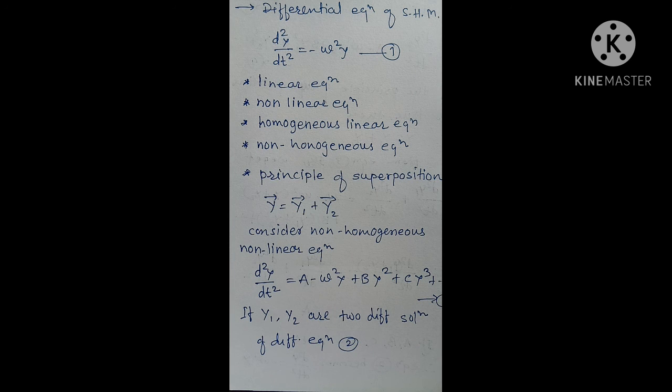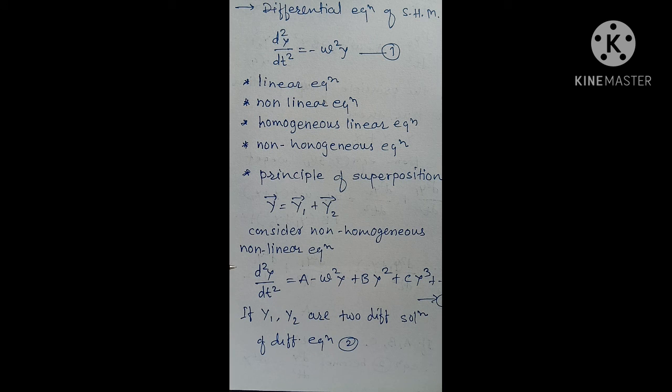Now consider, we want to prove this principle of superposition. That means the resultant displacement should be the vector sum of individual displacements y1 plus y2. Now consider any non-homogeneous non-linear equation.